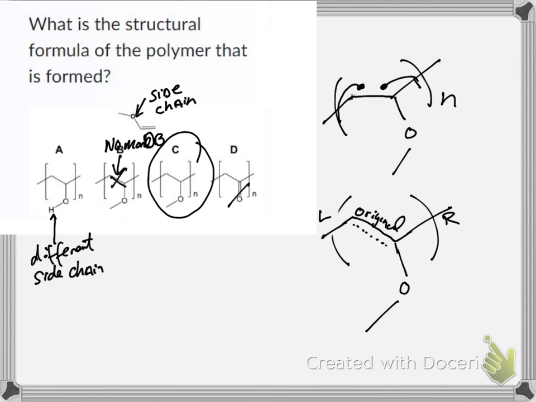And D is wrong because it has the wrong side chain. So in our polymer model, number one, make sure you don't change the side chain. And number two, you need to open up the double bond, leaving behind a single bond, and then you create a bond to the left and a bond to the right, and you put the parentheses around those new bonds made.